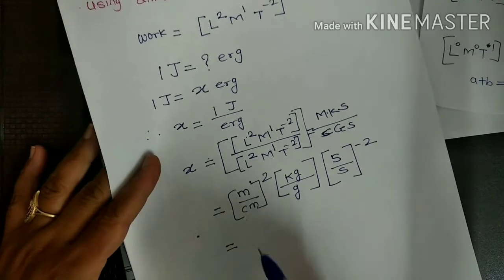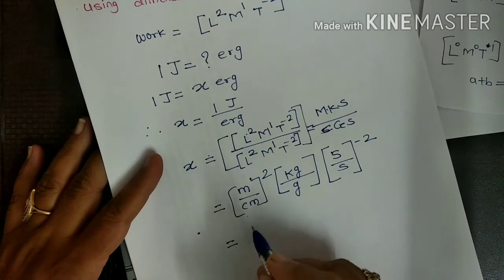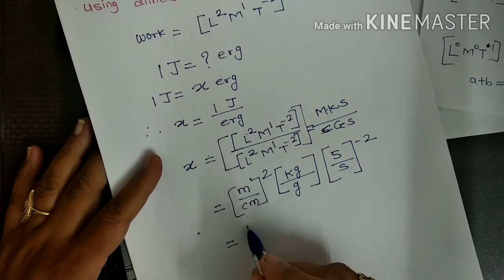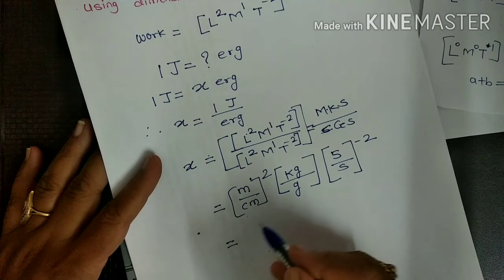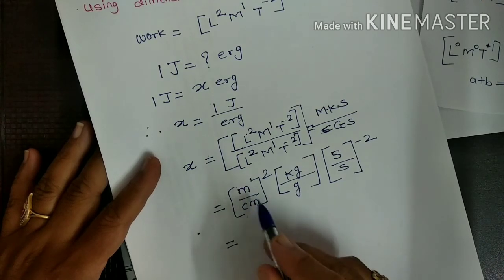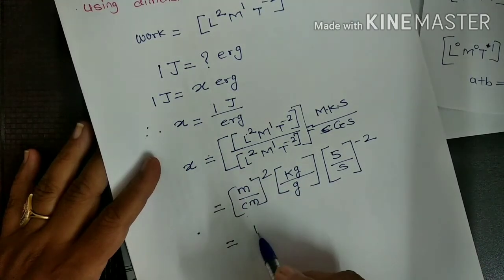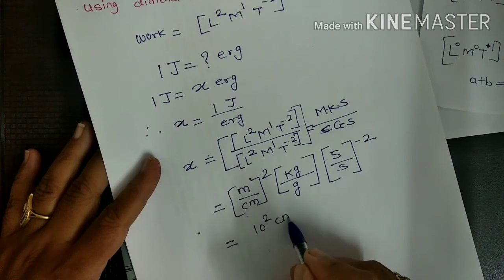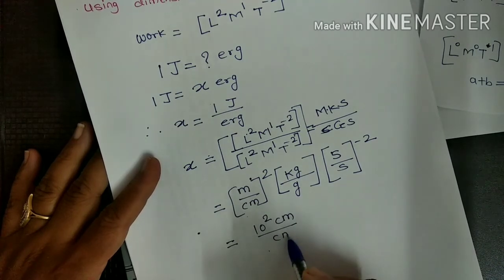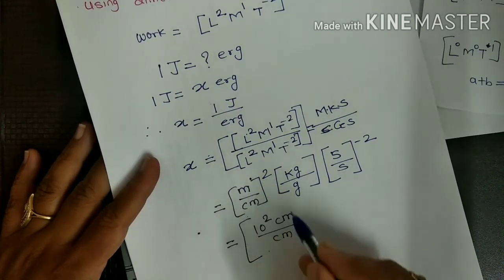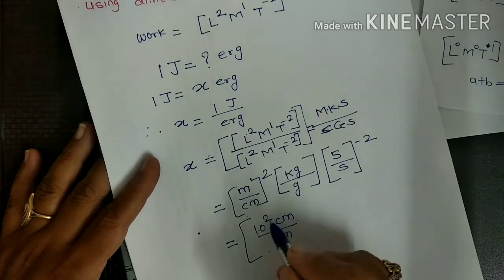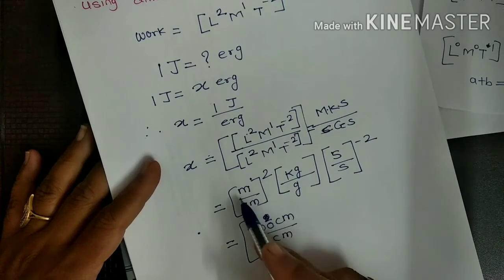So here we know that 1 meter is equal to 100 centimeter, or 10 raised to the power 2 centimeter, upon centimeter. We are taking 100 centimeter because 100 centimeter is equal to 1 meter.